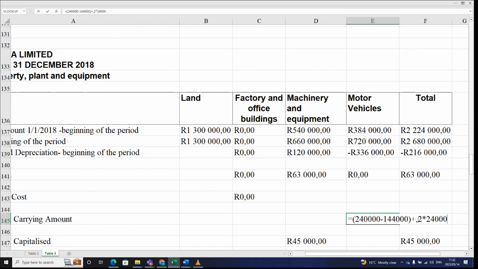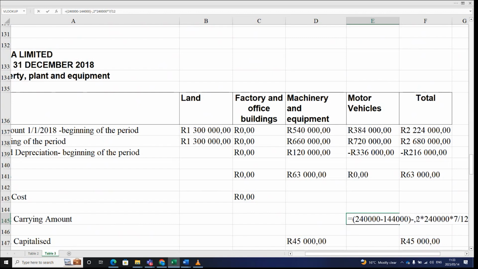So then we have 240,000. Then we also multiply that with the period for which it was in use, right? So in this case, since we sold on the 1st of August, this asset was in use for 7 out of 12 of the period. Okay, so that is the depreciation that we worked out.